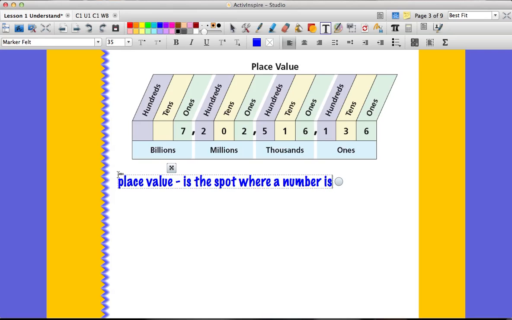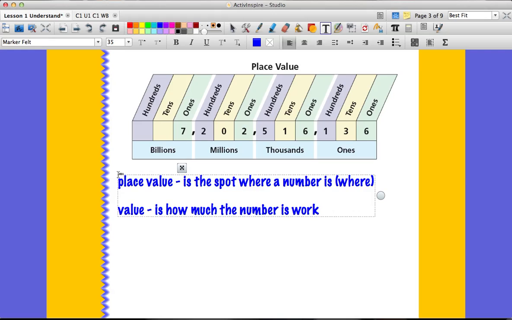Right? Plain and simple, it's where you find the number. So it's the where of the number. Value, however, is how much the number is worth. So that's the how much.